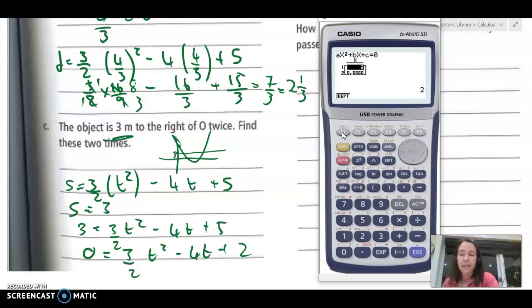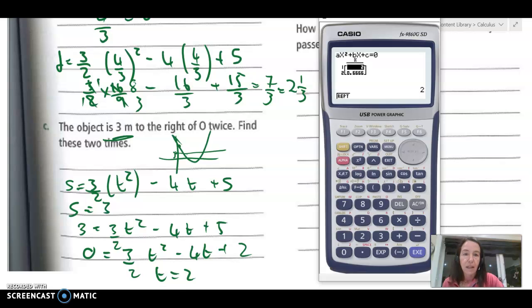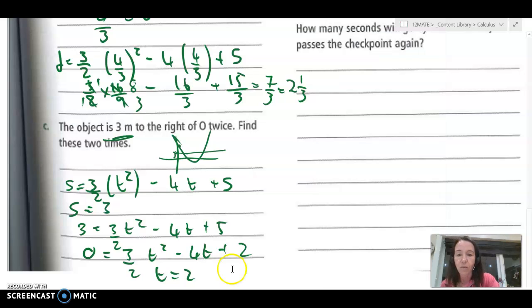And it says it's at t equals 2 and 0.6 recurring, which is 2 thirds, and that's in seconds. So those are the 2 times when the object is 3 meters to the right.